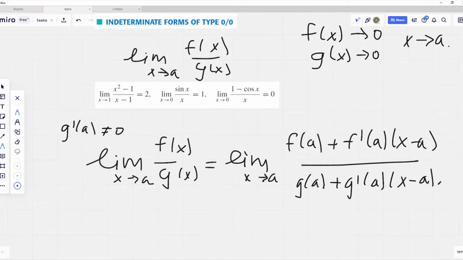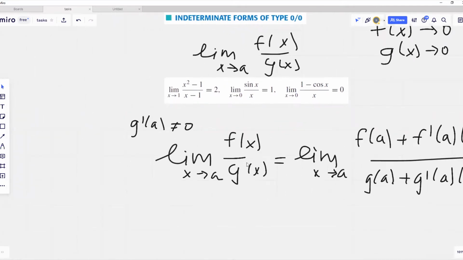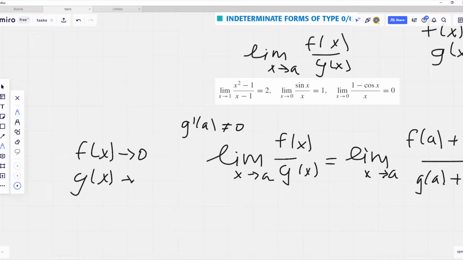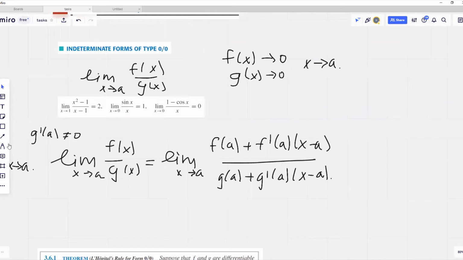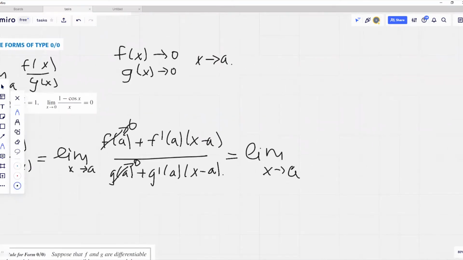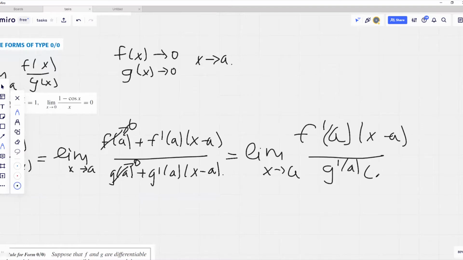And let's also assume that this limit is in indeterminate form of 0 over 0, such that f of x is approaching 0 and g of x is approaching 0 when x is approaching a. Then this limit takes the form: limit when x is approaching a of f prime at a times (x minus a) over g prime at a times (x minus a).